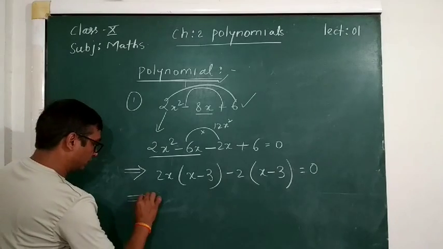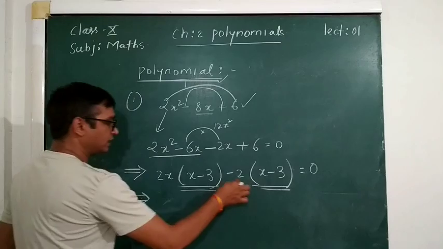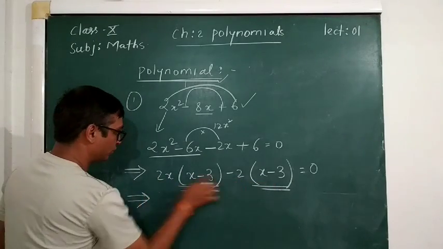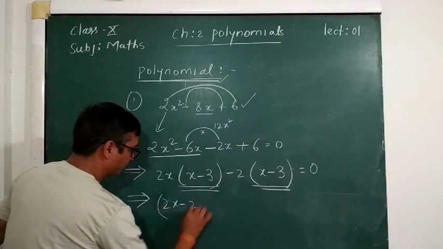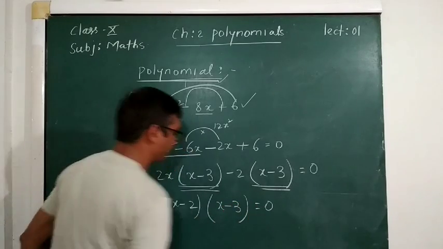Now these two brackets are same. So once this bracket is written, and once these two are written, so 2x minus 2 and x minus 3 is equal to 0.